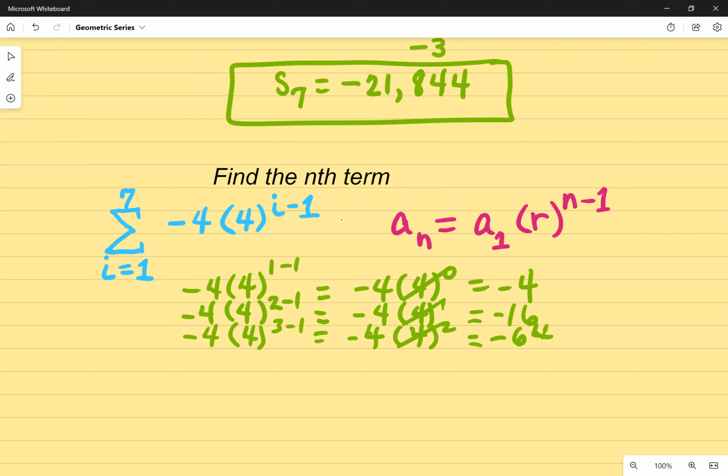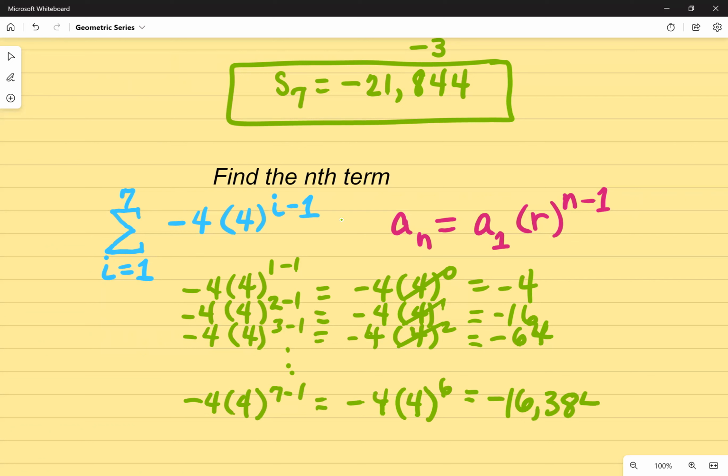And then I'm just going to go down to the 7th one. So you would normally have something here, but -4 times 4, term 7 minus 1, which is the formula. And then -4 times 4 raised to the 6th power would end up being -16,384.